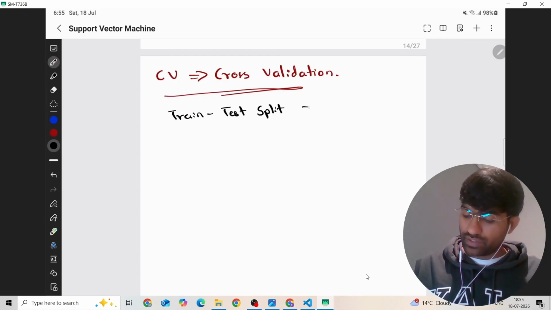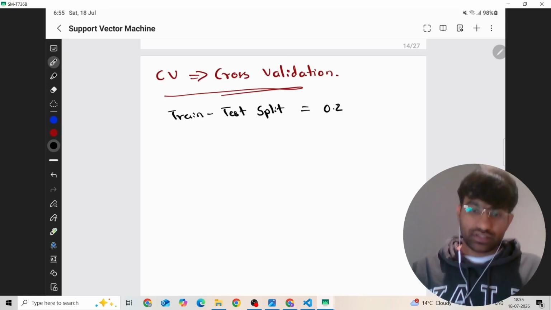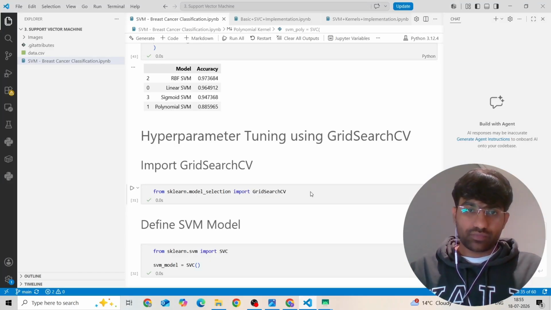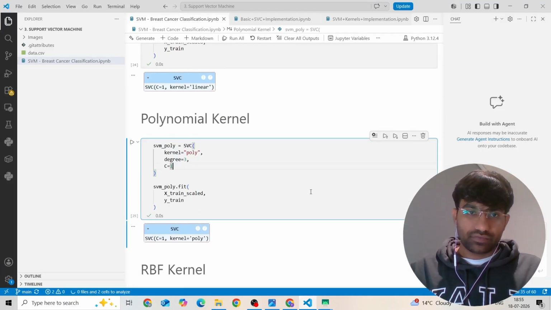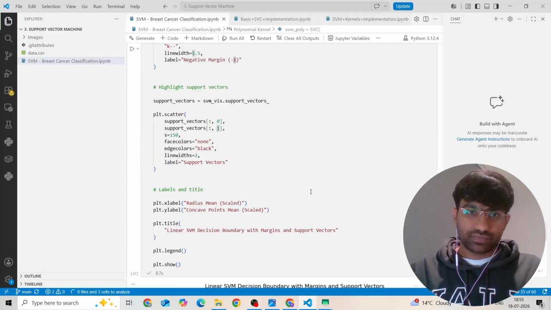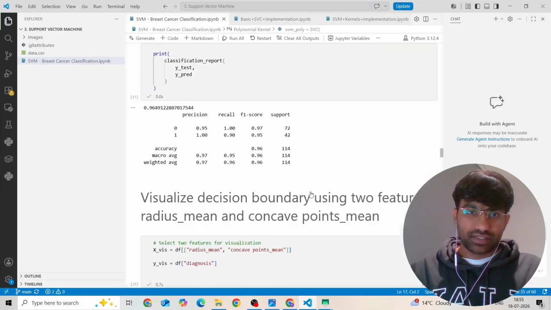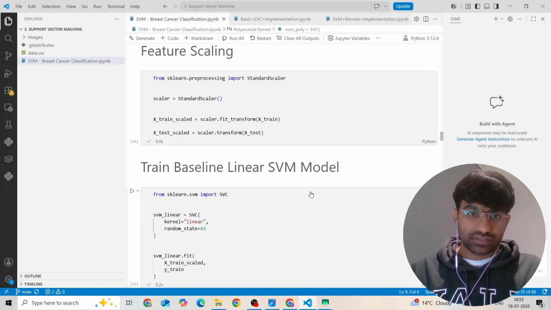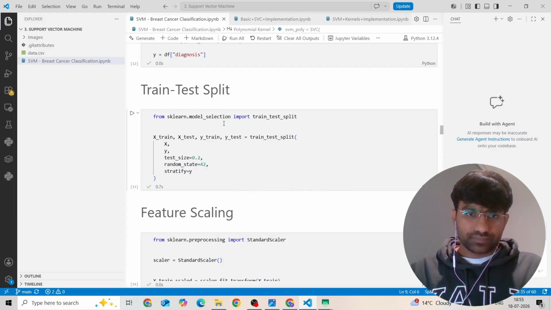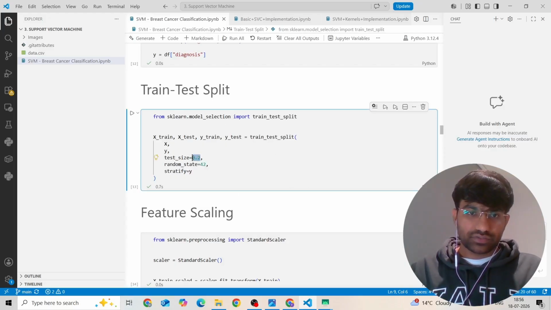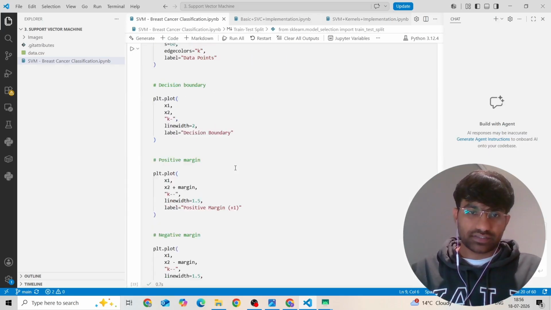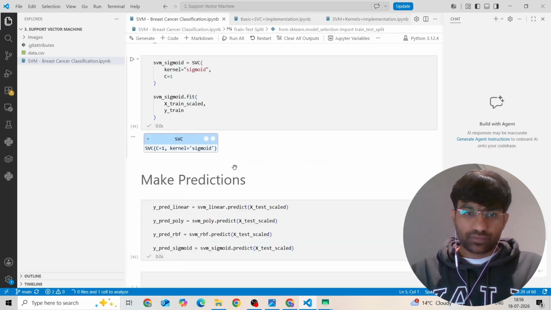In our project, when building the model, we have split the data into train and test. See, test size is equal to 0.2 and we are splitting the data into train and test, right?